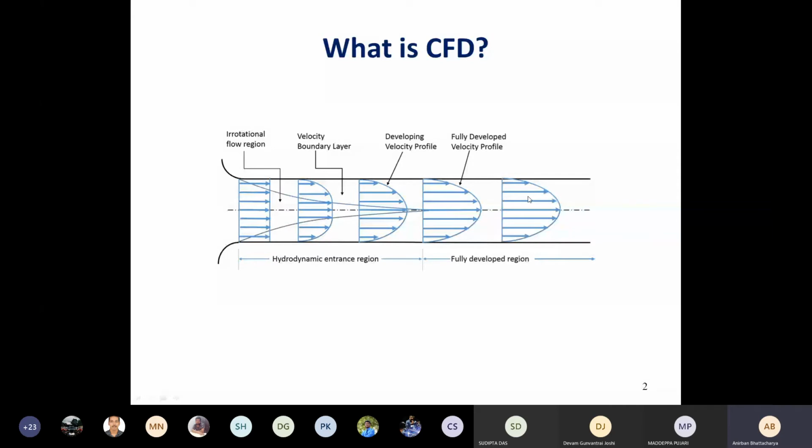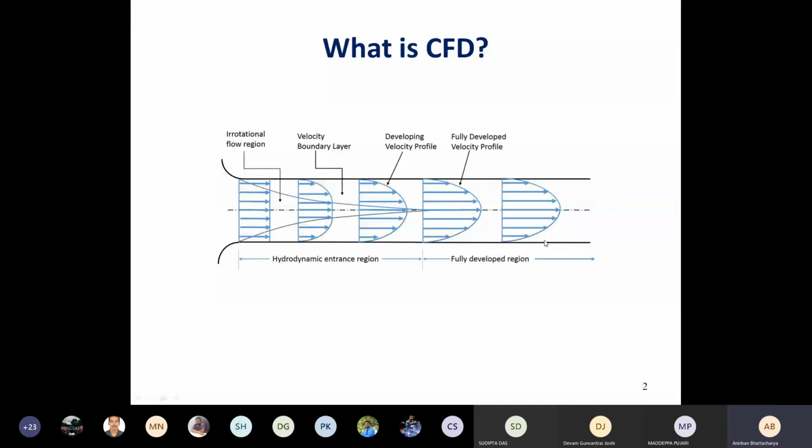So if we want to solve this problem, how can we solve it? One way is to take the governing equation. What is the governing equation for this? I can take the Navier-Stokes equation, meaning the flow conservation equations, simplify those for this particular problem and solve this.